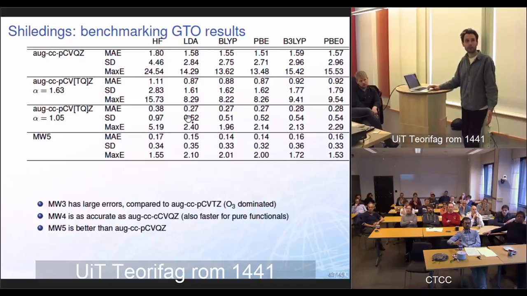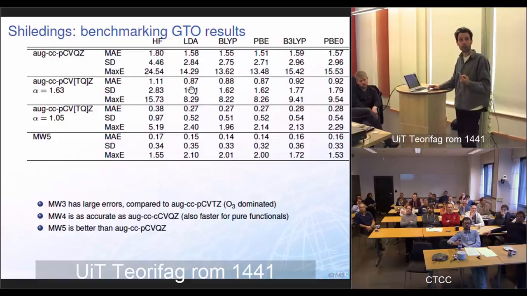But here you get 1/5 of the error of quadruple zeta if you change. And this is just one parameter. For all molecules, that is roughly 30 molecules and all the shieldings for all the atoms in those molecules, and 5 different functionals including Hartree-Fock. So it's one parameter only to bring you down from 1 to 0.3, 0.2. Okay?